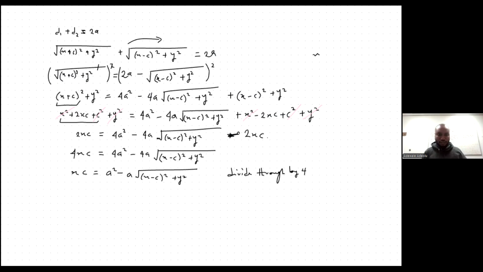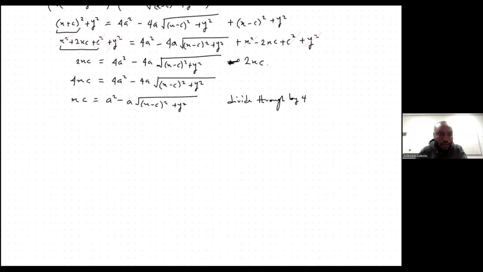Okay, what next? We can move this to the other side. Why? I want to get rid of the square roots over there. So that is xc minus a squared equals negative a times the square root of x minus c all squared plus y squared.